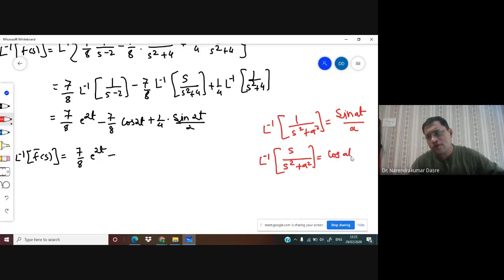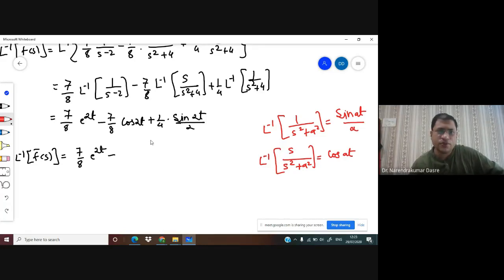This is the formula we have studied in the previous chapter, and at the beginning of this chapter also. We cannot take s to the other side, because s is a frequency variable. Here you have all the frequency terms, here you have all the time terms, and this a being a constant, I can take it in the frequency domain as well as in the time domain.